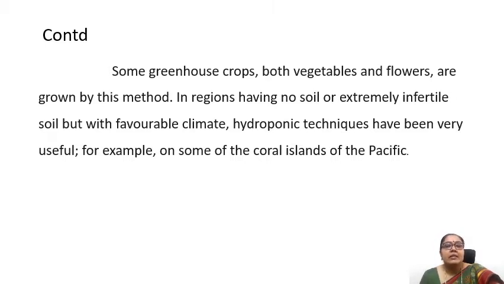You can use these hydroponic techniques in coral islands also. We usually see greens like palak and coriander grown in hydroponics, which has been quite useful. They just make use of water and some nutrients being sprayed to it. We don't make use of soil at all.